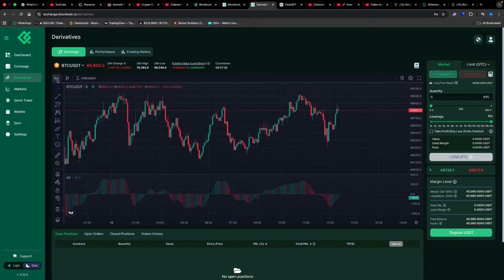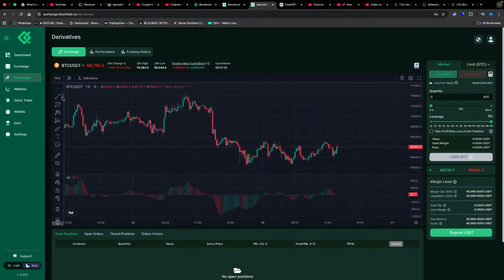Currently we are looking at the 5-minute chart, but you can go through either the 15, as you can see, 1 hour, 1 day, 1 week, 1 month. All that means is each one of these candles on the 15-minute time frame represents that time frame. So this current candle is 15 minutes, the green one is 15, the red one is 15, and so on and so forth.